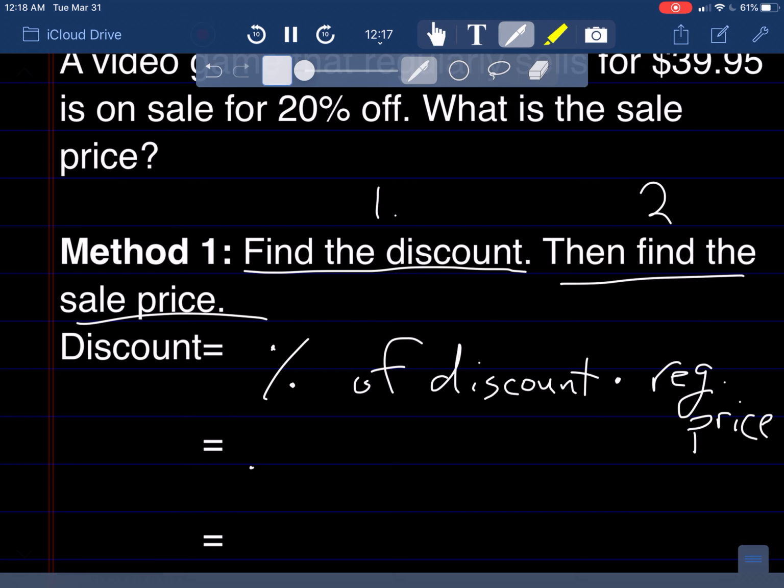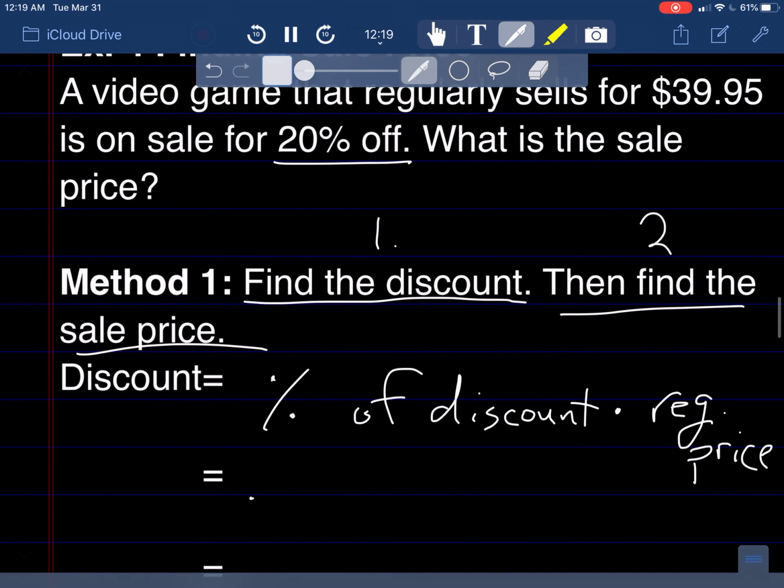So our percent of discount is 20%. So take a second and convert 20% to a decimal. Hopefully you paused the video to do this. So when you convert 20% to a decimal, you should have gotten 0.2.